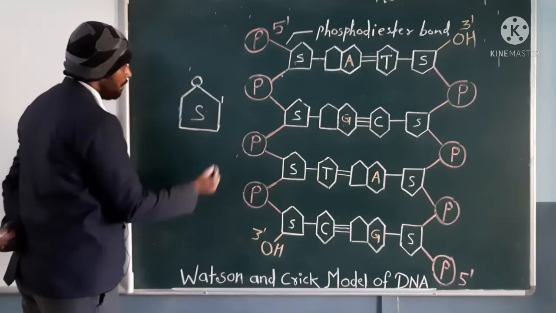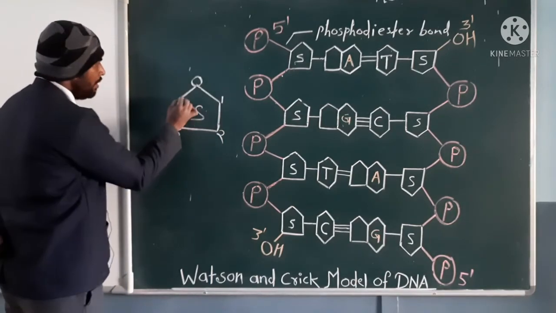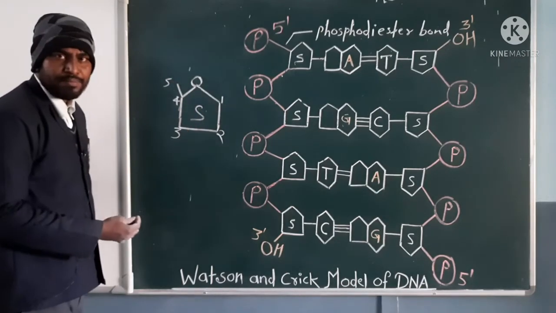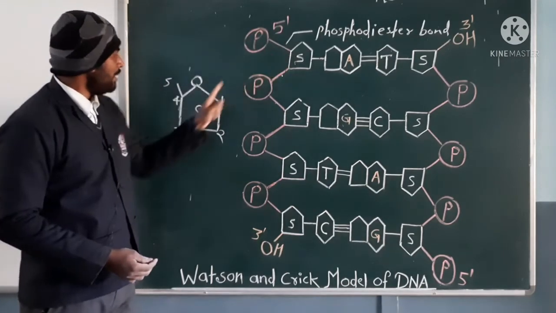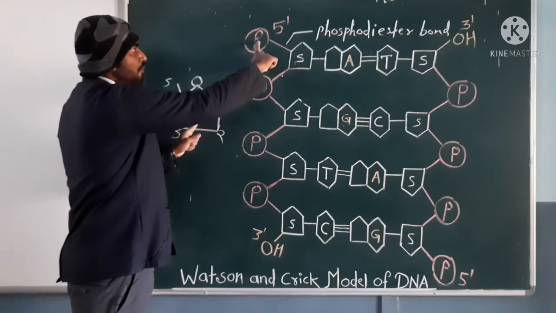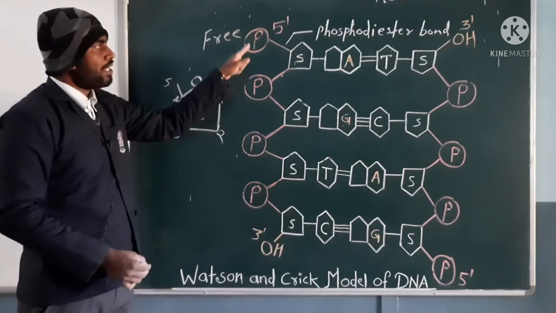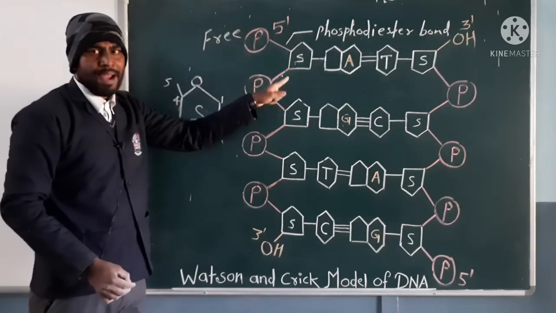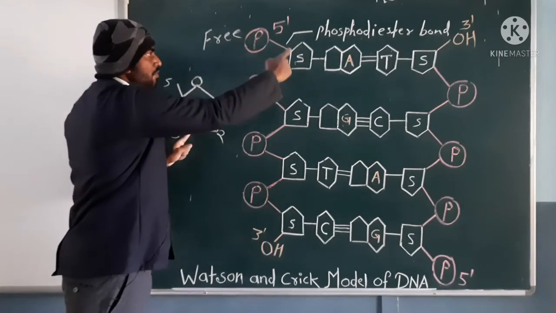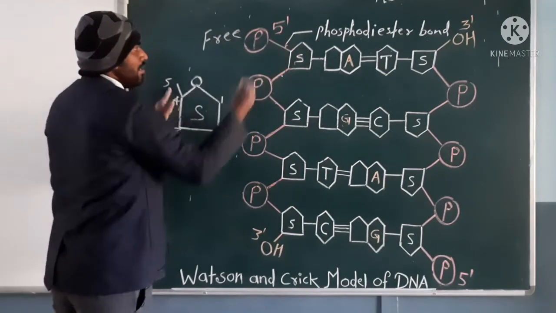So there is the 1st carbon, 2nd carbon, this is the 3rd carbon, here is the 4th and here is the 5th carbon. You can compare these 2 diagrams, bacho. It is a free phosphate group which is not associated with another pentose sugar. It is associated with the pentose sugar at the 5th carbon here.